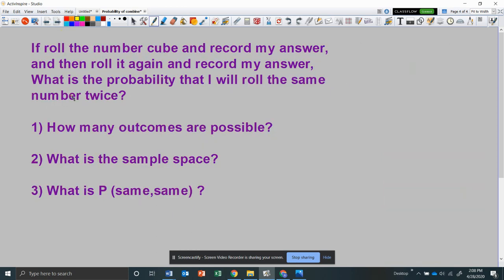This one's a little bit more detailed. It's talking about number cubes. And so you're going to roll a number cube and then you're going to roll a number cube again. So this one I think is probably best to put into a table.